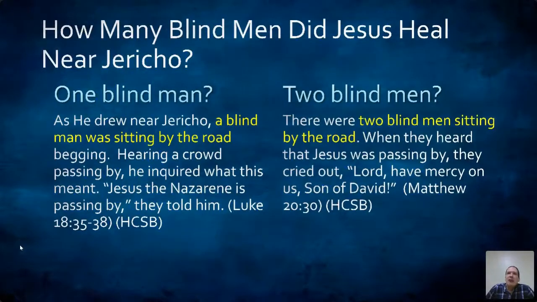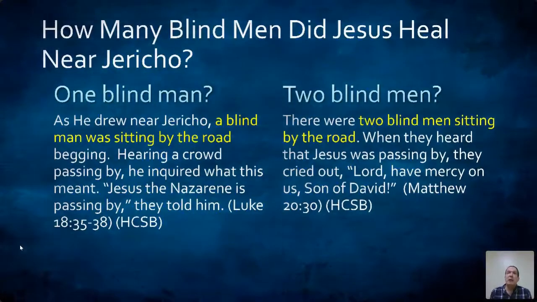So you have Luke mentioning a blind man, and it would be an argument from silence to say that that excludes another blind man being there. So you could have two, and Luke just doesn't mention one. That's a possibility.